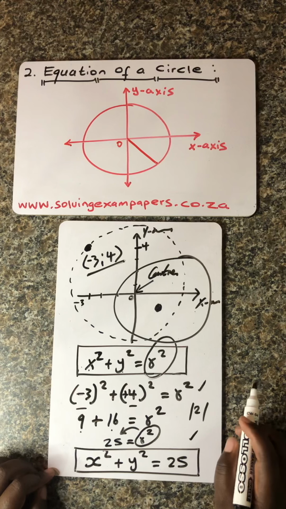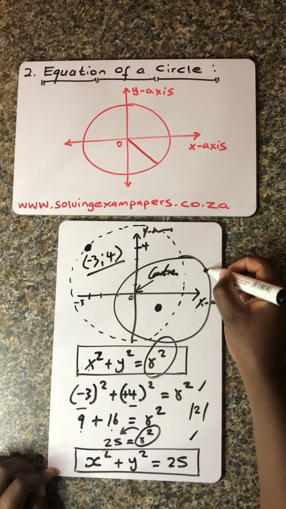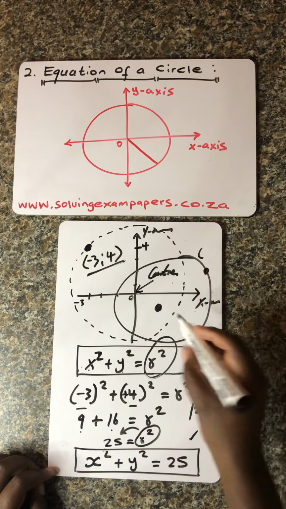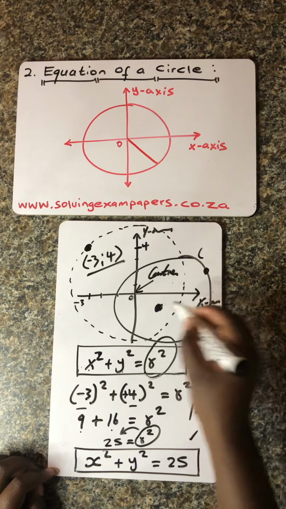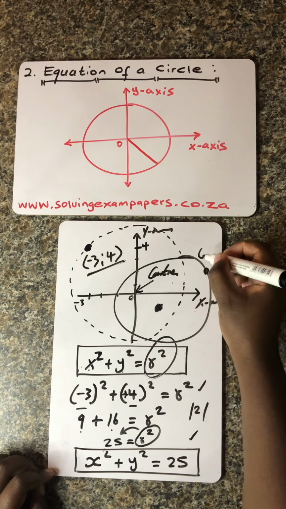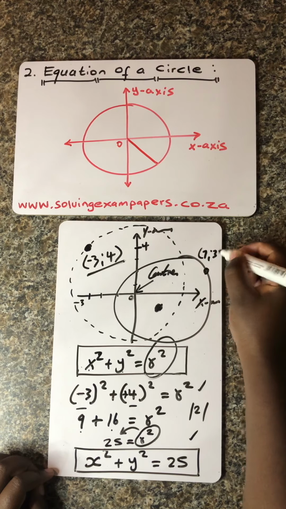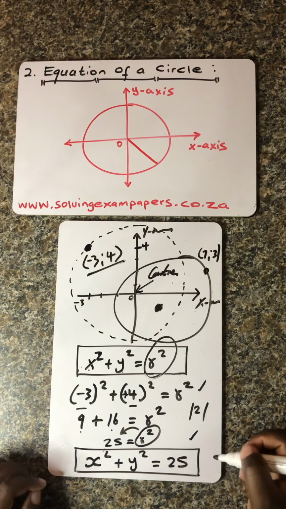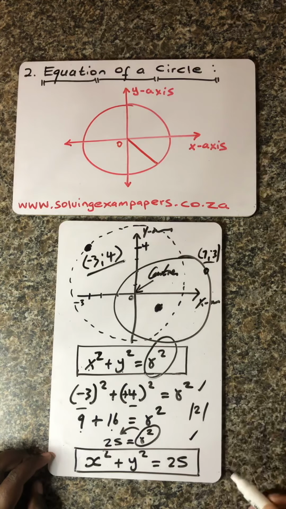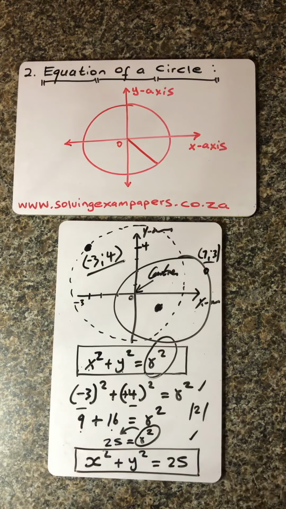Obviously you might be given that point over there, to say maybe we've got a circle with a center at that point which passes through that point, which could be, let's say, x is 7 and y is 3. You just perform the same calculation in order to determine an equation of a circle that passes through that point. Okay, so guys, I won't go deep into that. Let's just wait for when we do exam questions.